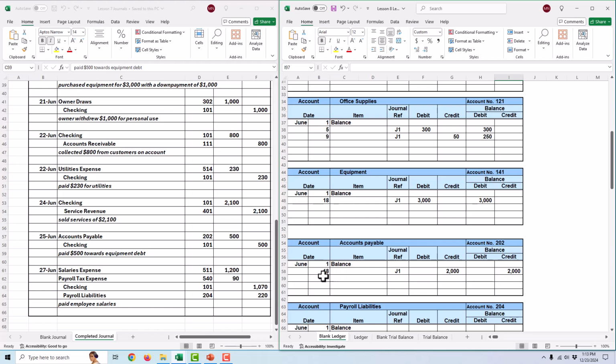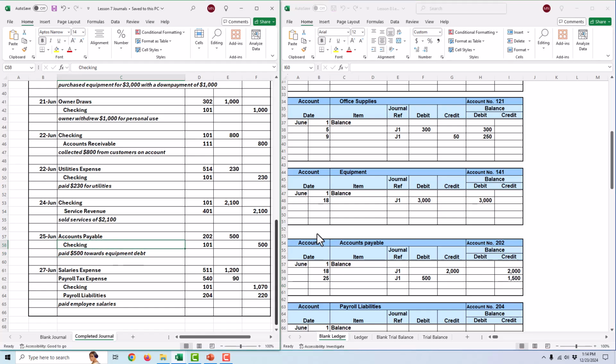Here is accounts payable. And it was a debit here. There was already a $2,000 credit. 2,000 minus 500 is 1,500. Since the credit was bigger than the debit, 2,000 is bigger than 500, the ending balance will go on the credit side.